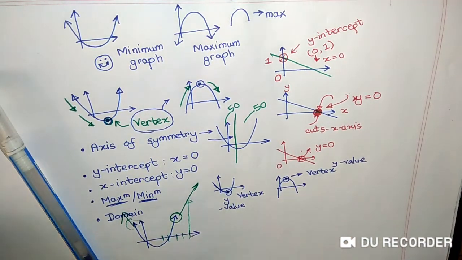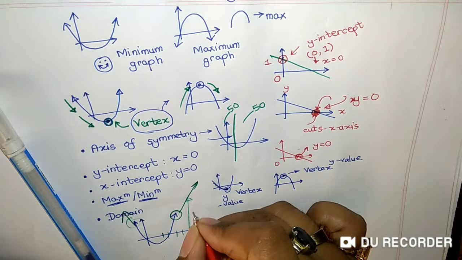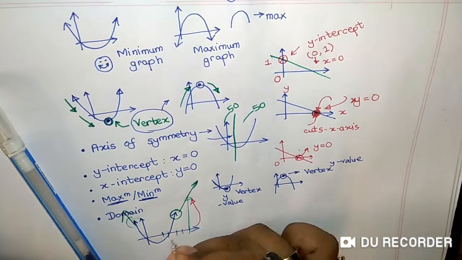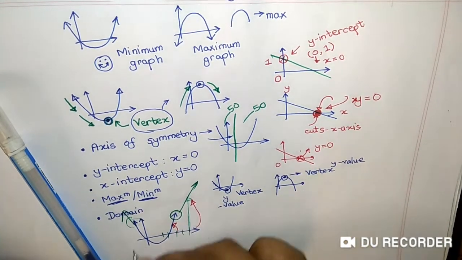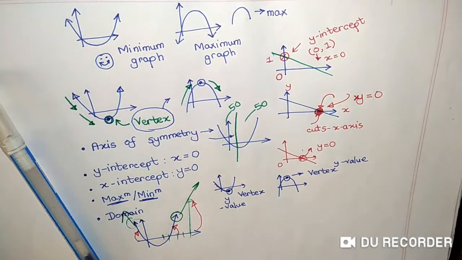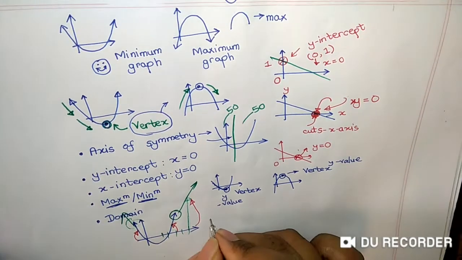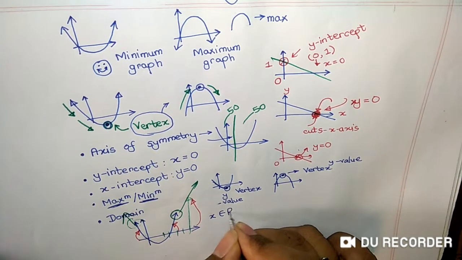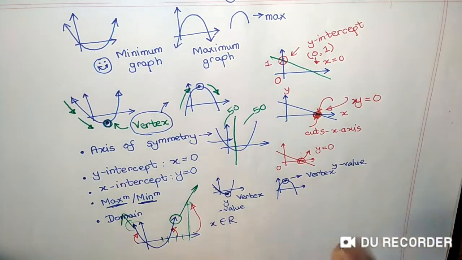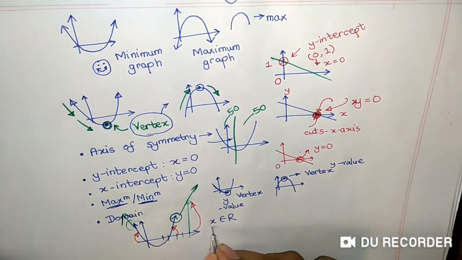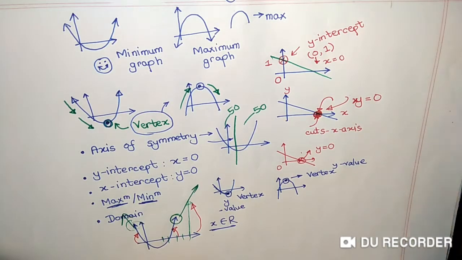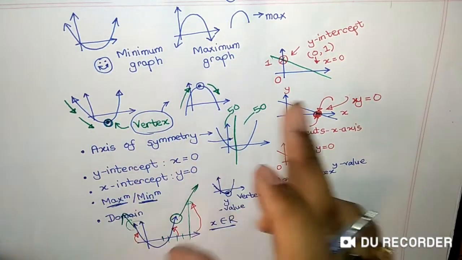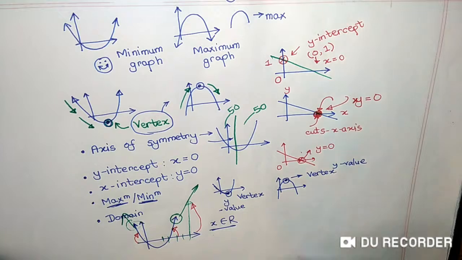Whatever the value of x, you still have the graph line existing. As a result, you can remember that x is a function of all real numbers. This is how we represent the domain, and it is the same for the maximum or minimum graph.